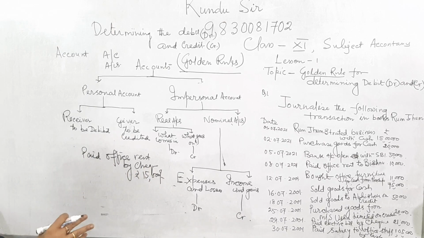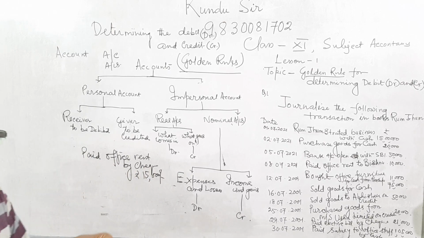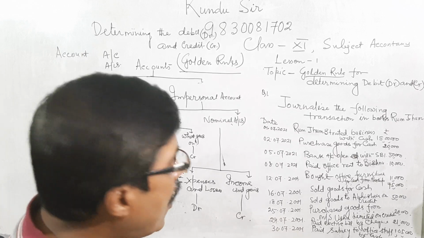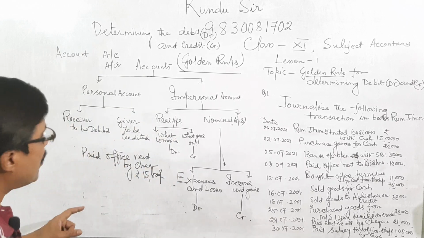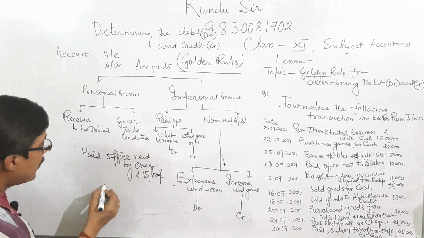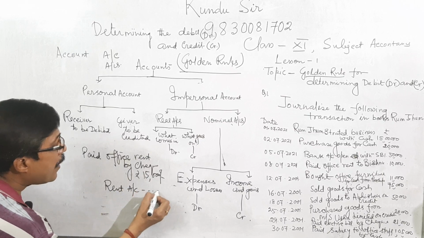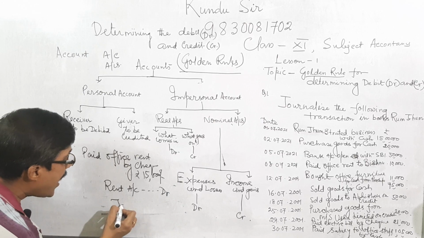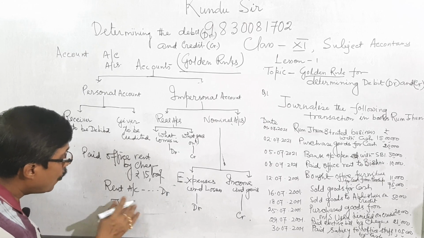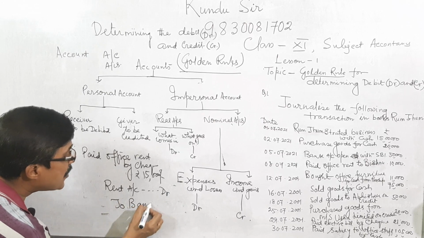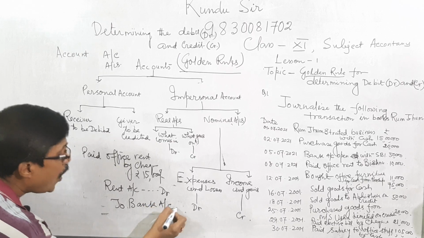So office rent, or you can write rent also. Rent account or office rent account is an expense. The rent account is debited to bank. We are issuing a check to the landlord.